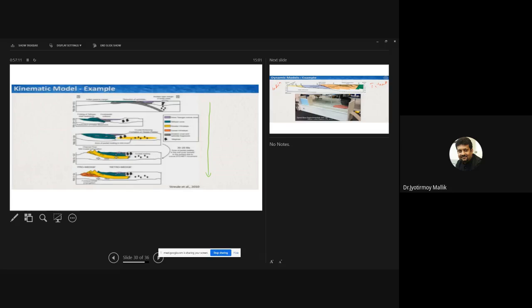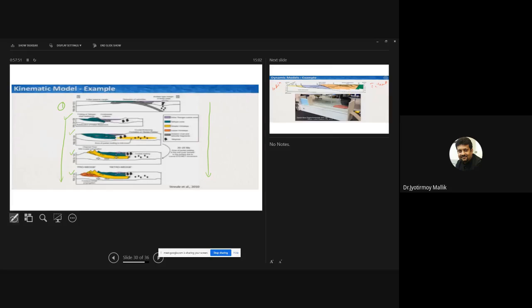So a kinematic model would typically involve more than one sketch, because the geometrical model is generally involved with one sketch, where you are describing the final geometry. But in the kinematic model, you draw a number of sketches, more than one picture. The first is how it was before deformation, and slowly with time, this is 100 to 80 million years before present, this is 80 to 40 million years, this is 40 to 30 million years, this is 25 to 15 million years, and this is 16 to today.